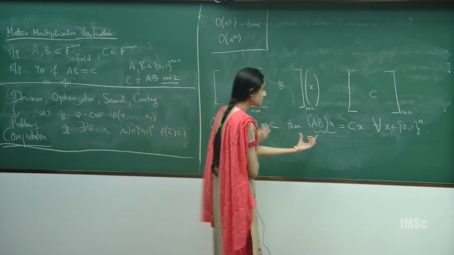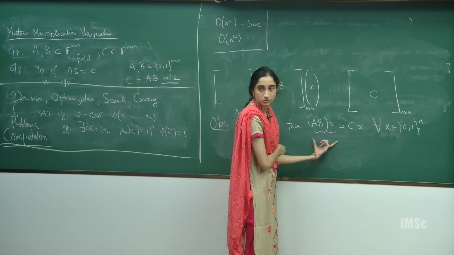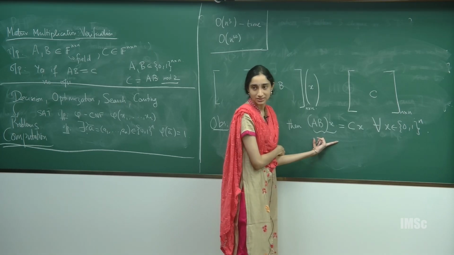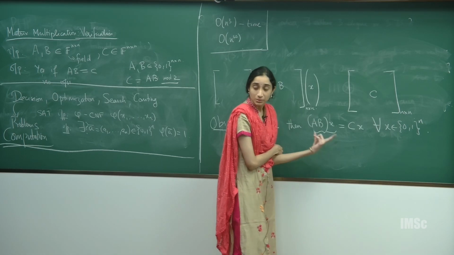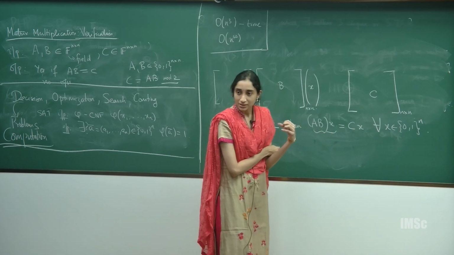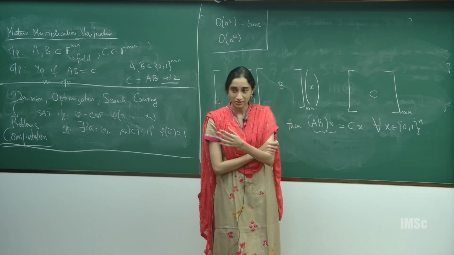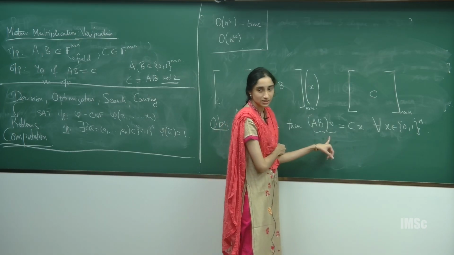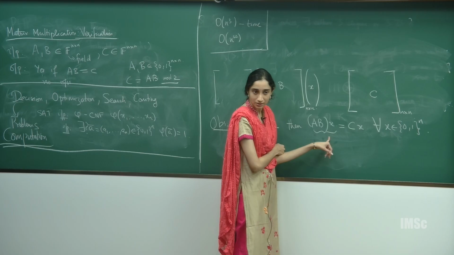So how do you compute this? Either you can multiply A with B and then multiply that with X, or what else can you do?